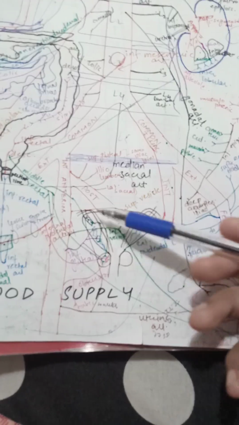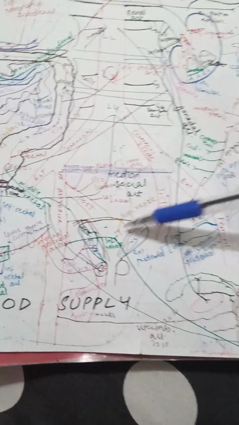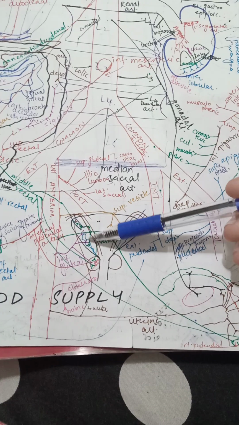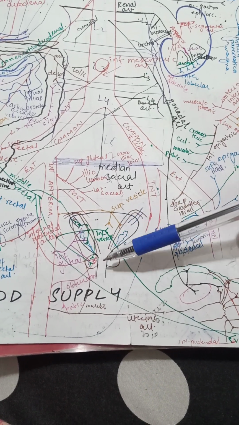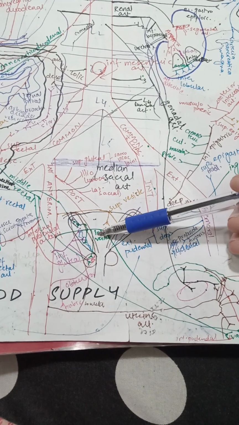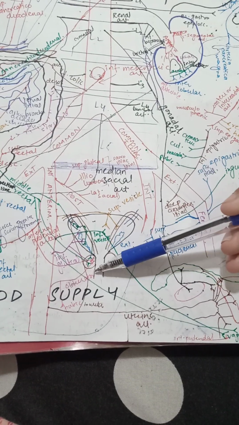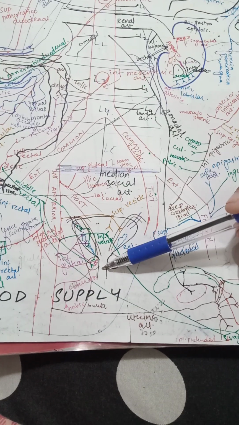In females it also supplies the ureter. We'll discuss it later. And then the seminal vesicle. The seminal vesicle is supplied by the inferior gluteal and inferior vesical. And then the prostate is supplied by almost every artery, like inferior vesical, obturator, inferior gluteal, and middle rectal.